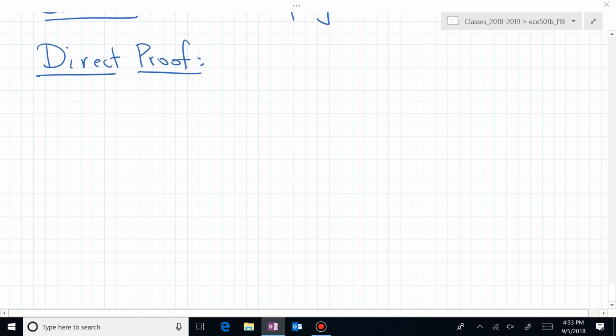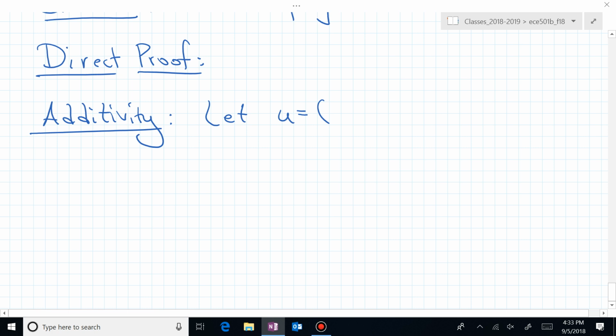But let's go on to the direct proof of this. Okay? So now we want additivity, to try to demonstrate that it satisfies that property. Suppose we let U be a 3 vector, U1, U2, U3, and let's let V be a 3 vector.